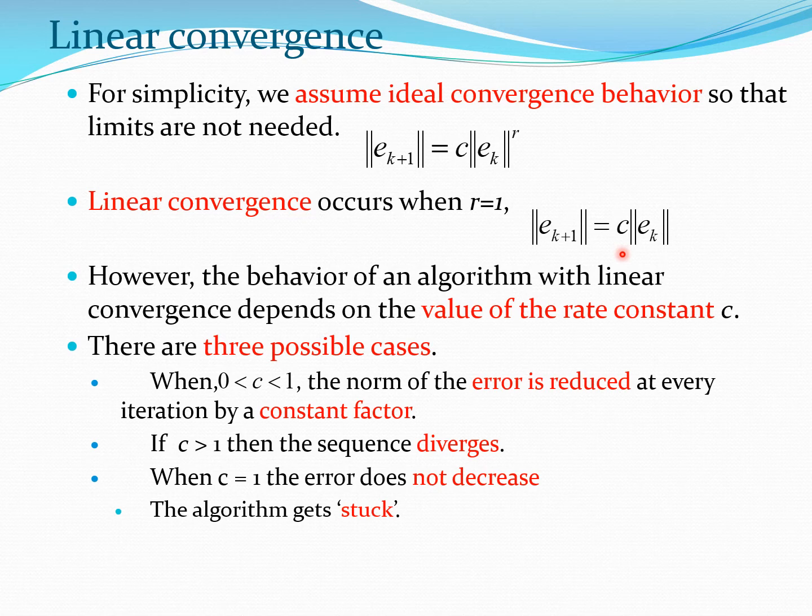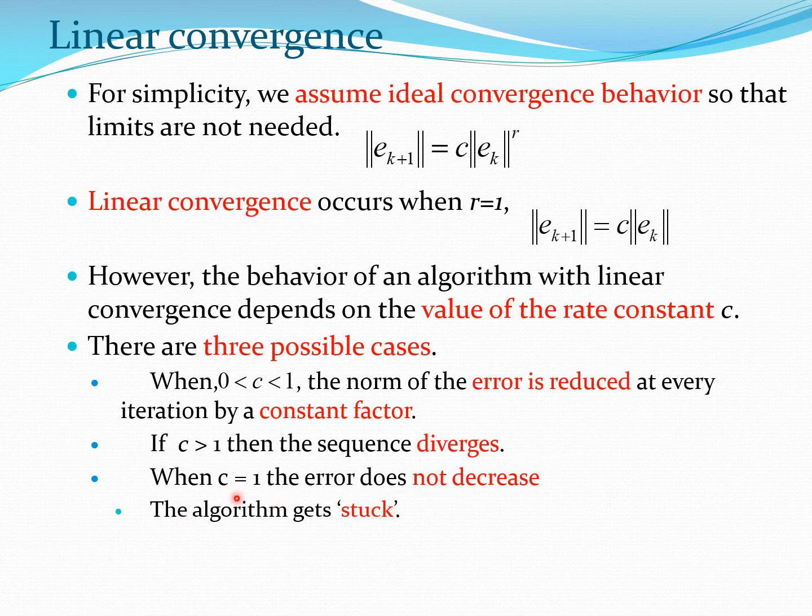So of course this is good, that c is less than 1, each time it is going to get reduced. But if c is greater than 1, this sequence is going to diverge. So having a linear convergence is not specifically a good thing if c is greater than 1, because in that case you are going to diverge and the algorithm is not going to give you the wanted result.